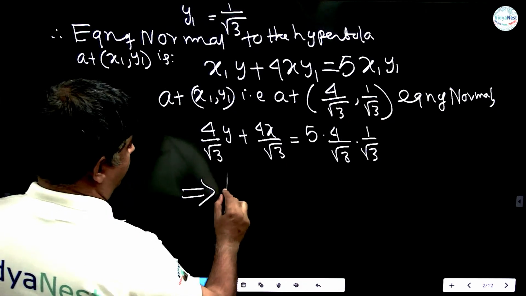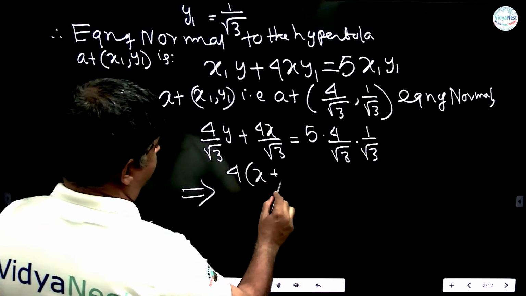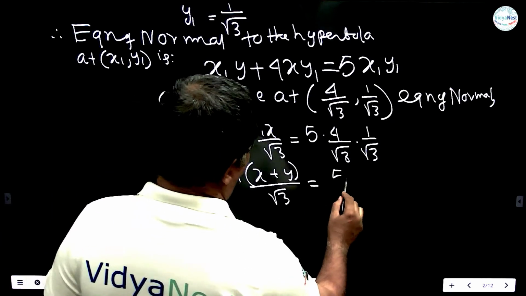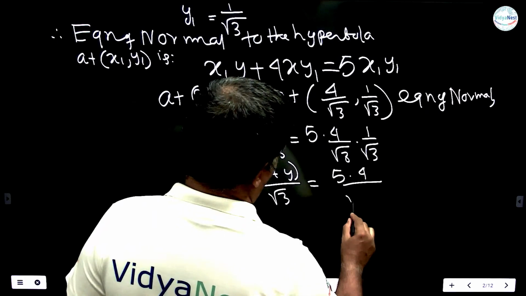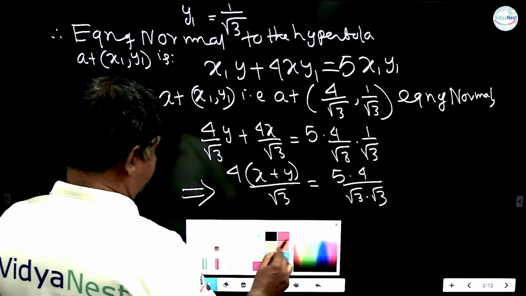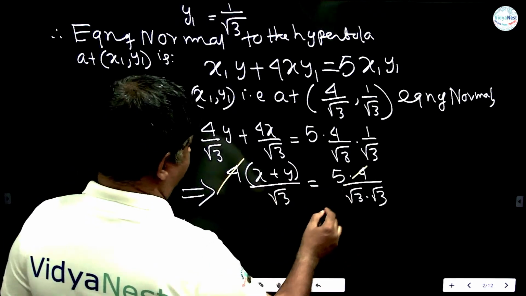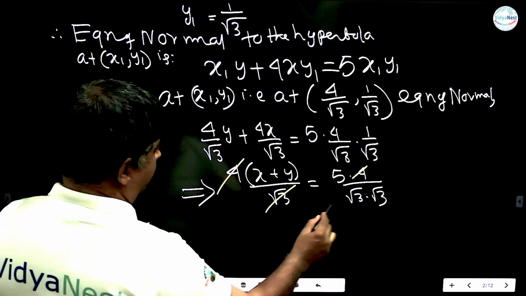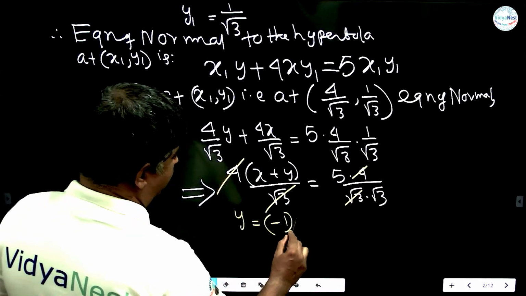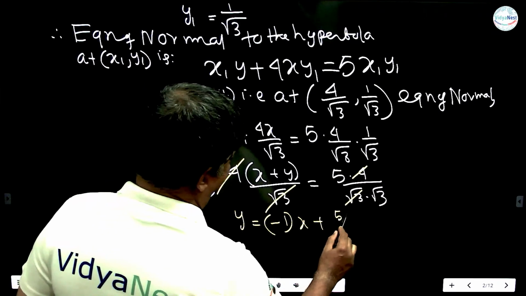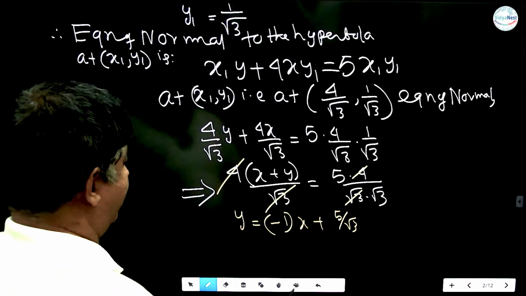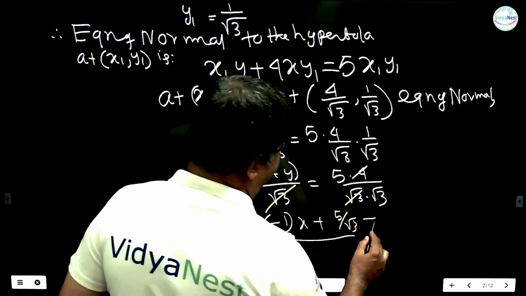I can take 4 common. x plus y by root 3 is equal to 5 into 4 root 3 into root 3. 4 cancel, 1 root 3 cancel, y is equal to minus 1x plus 5 by root 3. That is the equation of the normal. Yes or no? That is the revised equation of the normal.